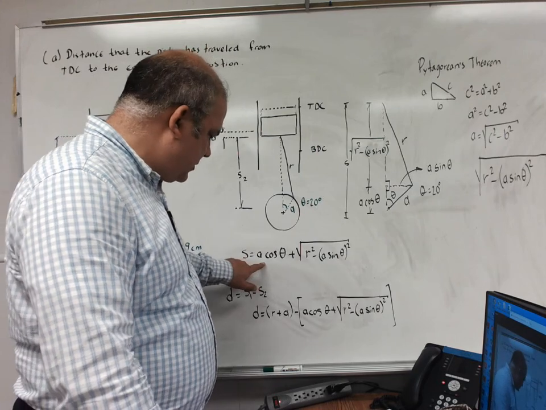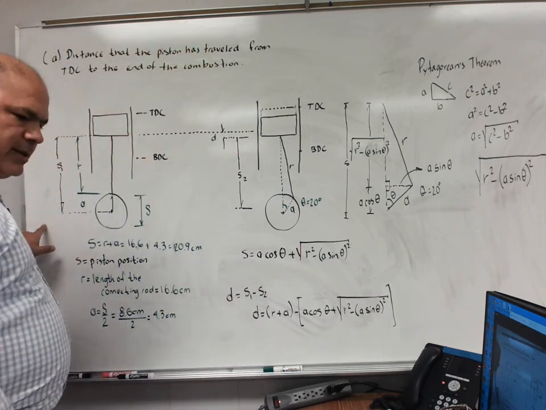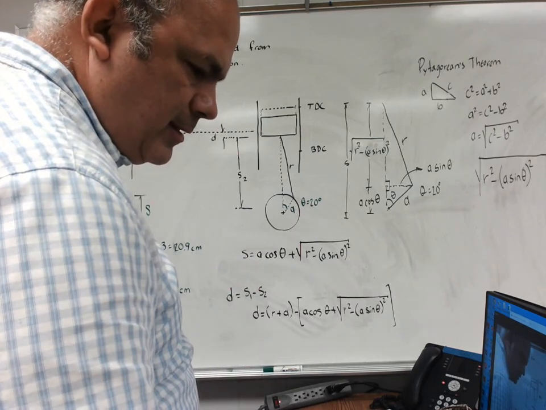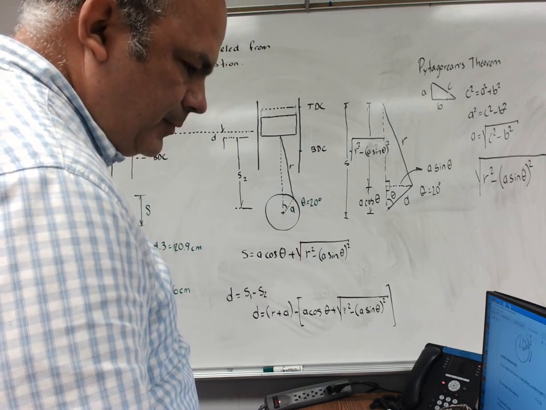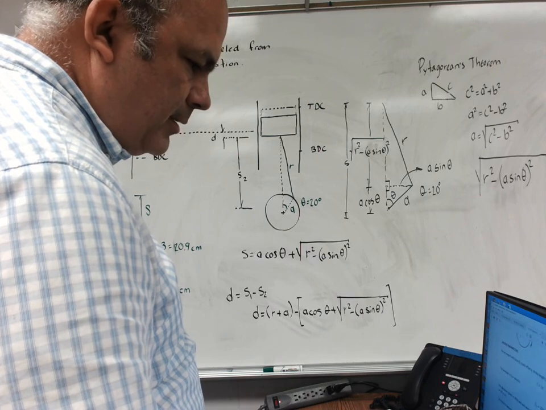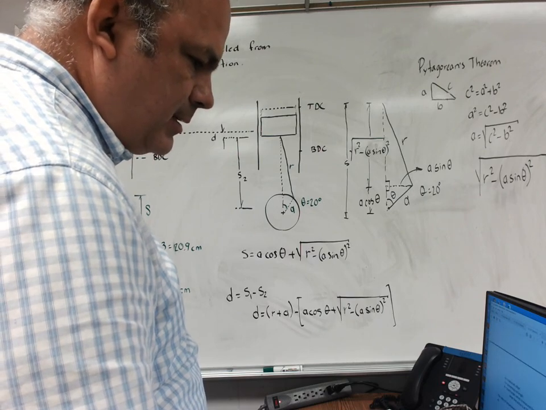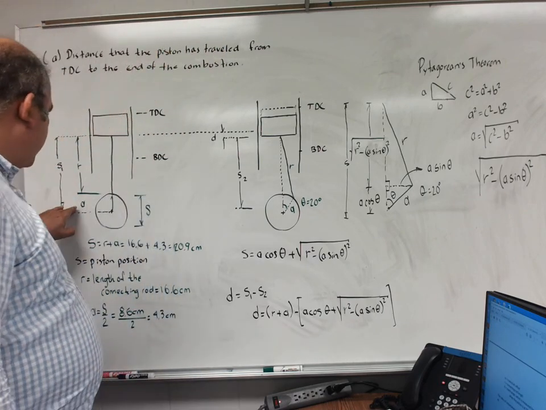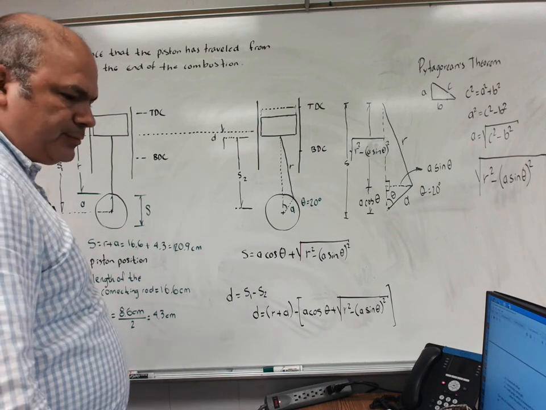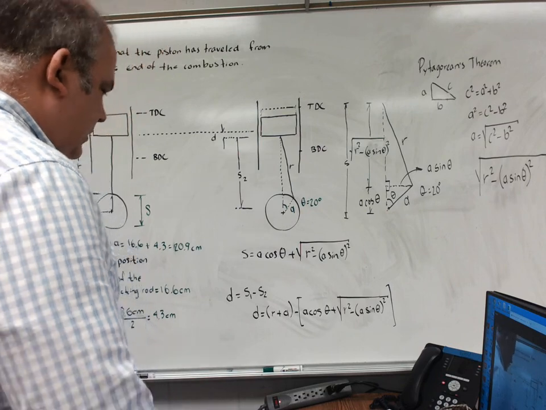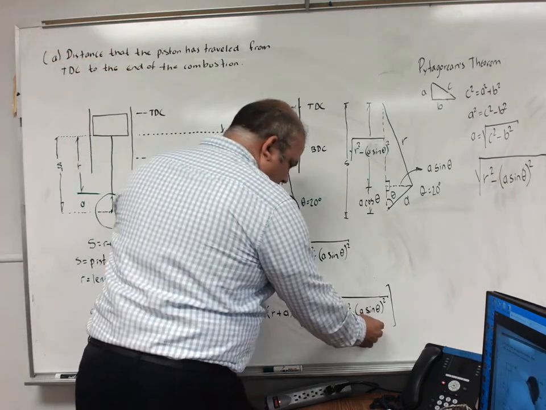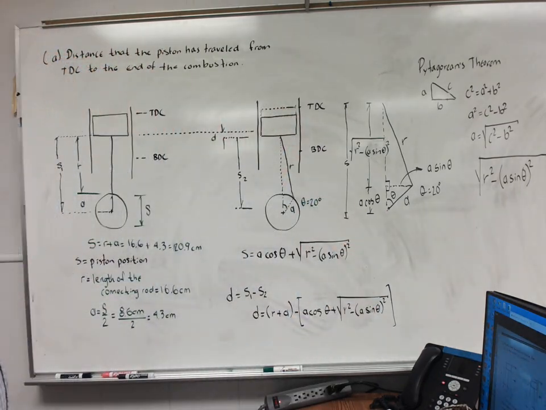This equation, and also this one, is part of the equations there. It's in the diagram. So we can see that R plus A is S1. Okay? So this is only how we solve the equation. Okay?